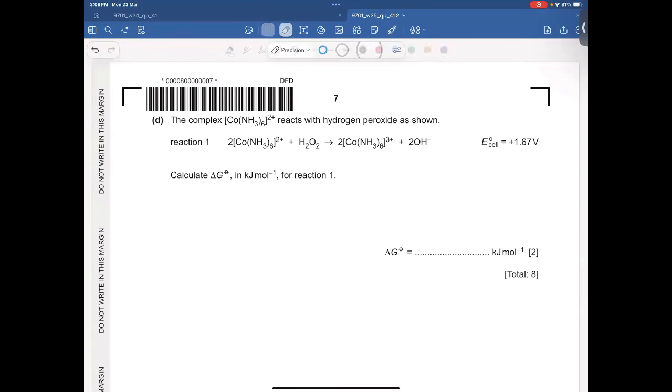The complex cobalt 2 ion reacts with hydrogen peroxide as shown. Calculate the delta G naught in kilojoules per mole for reaction 1. First of all, let me give you an explanation here. First of all, let me take out the number of moles of electrons. This is cobalt 2 ions.